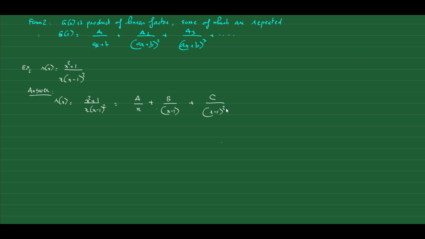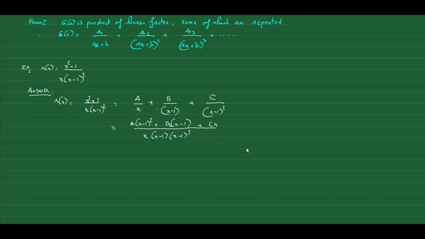You're going to do the same way, finding the LCD and so on. So over here you're going to have A times x minus 1 squared, over here you're going to have B times x minus 1, and then you have C times x minus 1 squared.